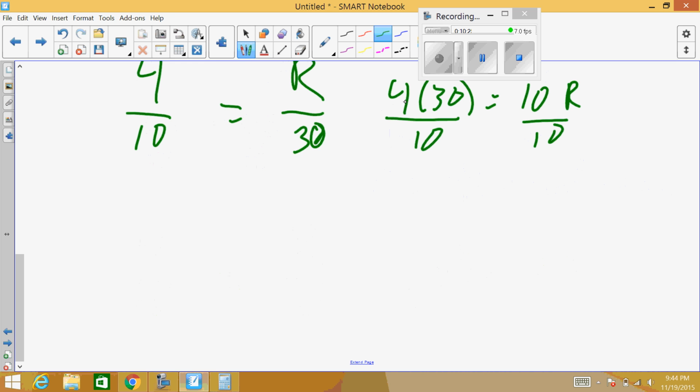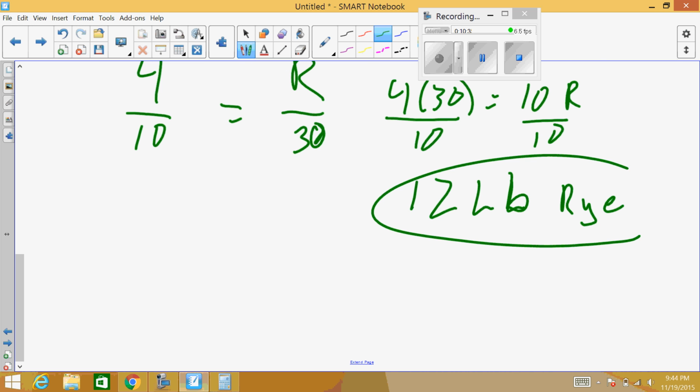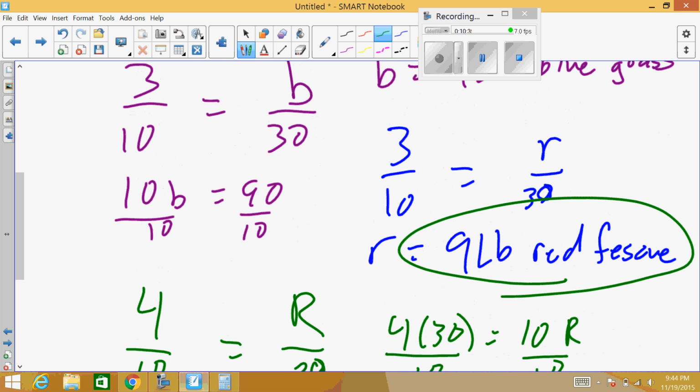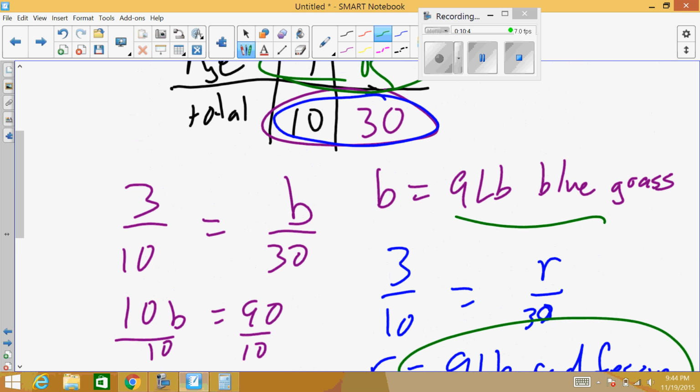Let's see, 4 times 30, that's 120. Divided by 10, that's 12. 12 pounds of rye. If I take 12 plus 9, that's 21, plus another 9, that's 30 pounds. There's my total of 30 pounds.